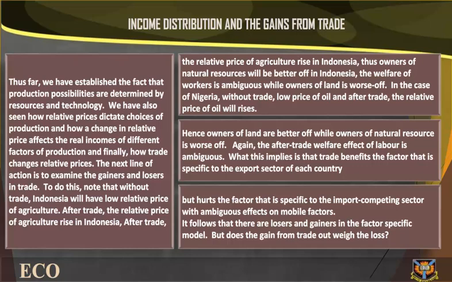What this implies is that trade benefits the factor that is specific to the export sector of each country, but hurts the factor that is specific to the import-competing sector, with an ambiguous effect on mobile factors. It follows that there are losers and gainers in the factor-specific model. But does the gain from trade outweigh the loss?